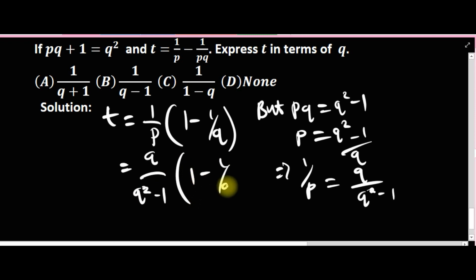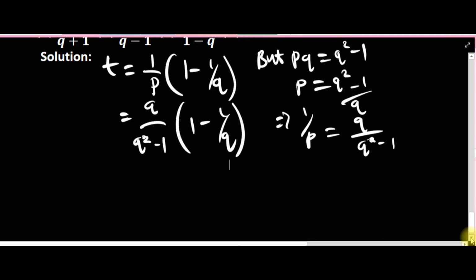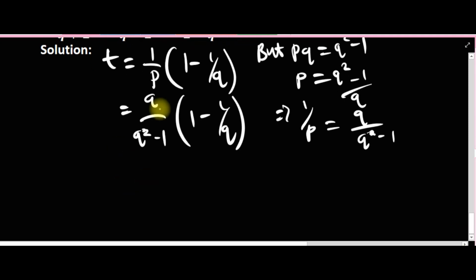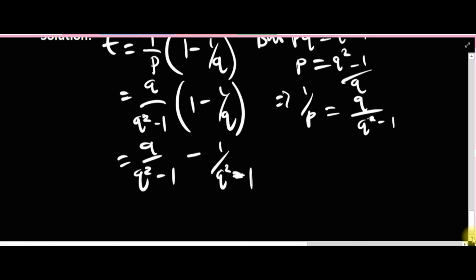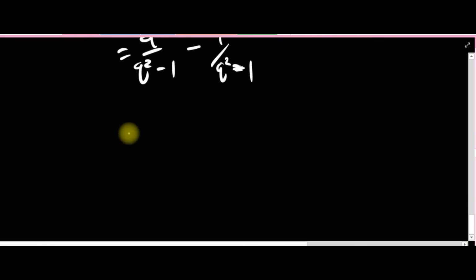Times 1 minus 1 over q. So we'll open up. This times that is q over q squared minus 1, while this times that is minus 1 over q squared minus 1. So we bring the LCM, which is q squared minus 1.